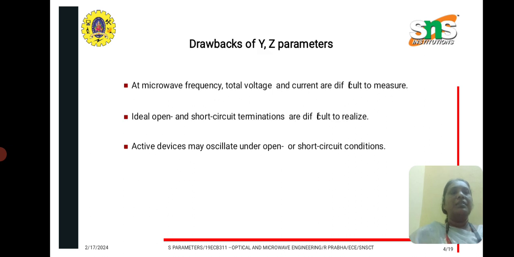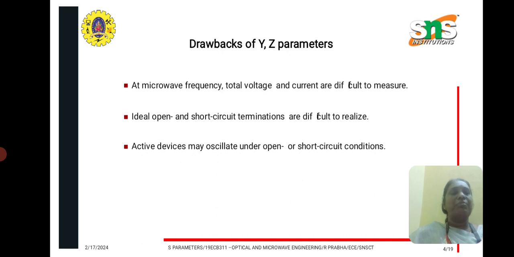And there are some drawbacks of these Y, Z, and H parameters in microwave engineering and for analyzing microwave systems. Because at microwave frequency, total voltage and current are difficult to measure, and ideal open and short circuit terminations are difficult to realize.